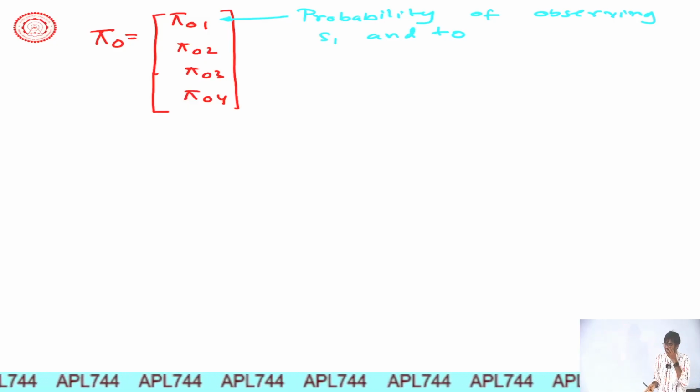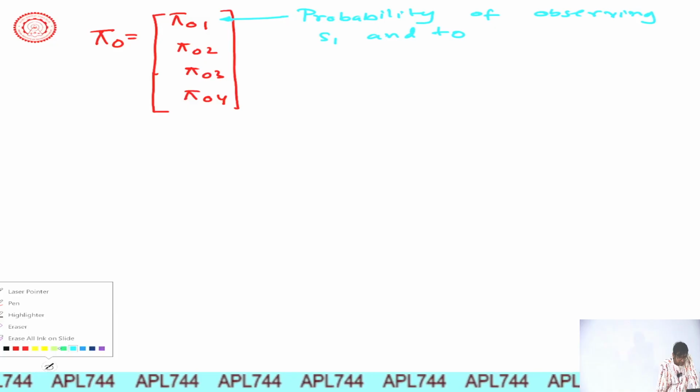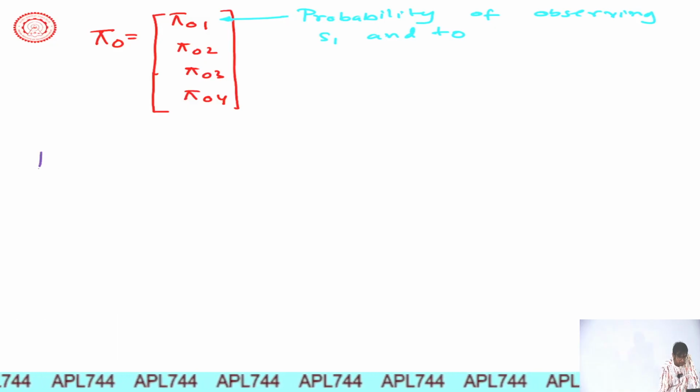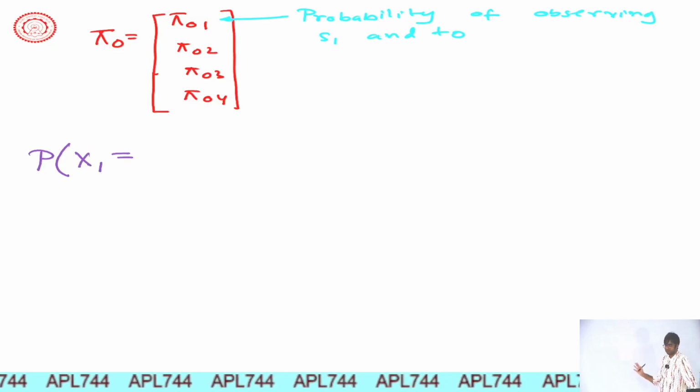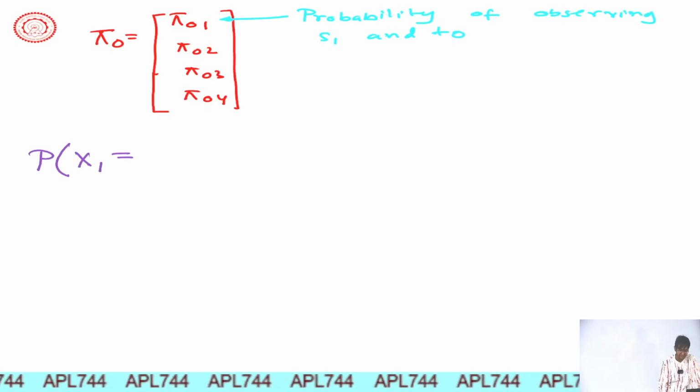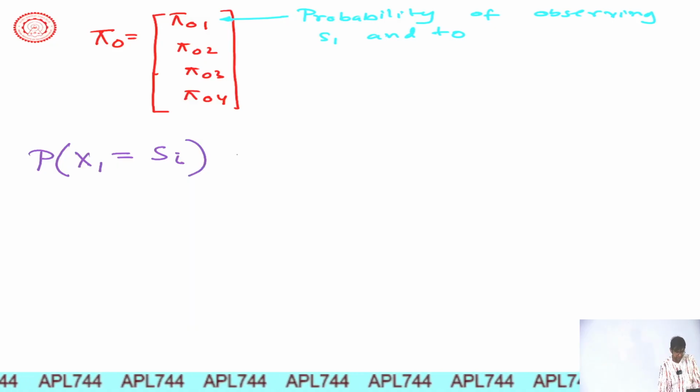So now what you have to find out is probability of x1 equal to some value, let's call it Si. So this is what you have to find out. Tell me, how will you find it out?